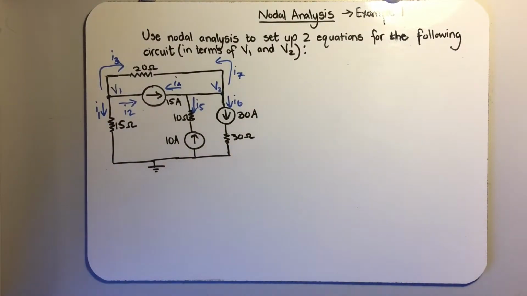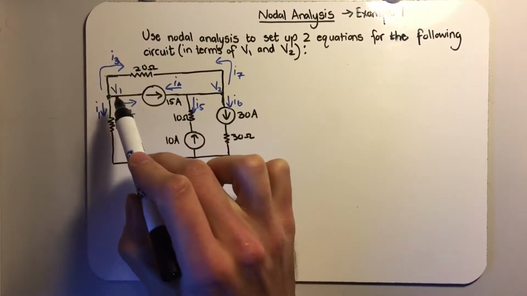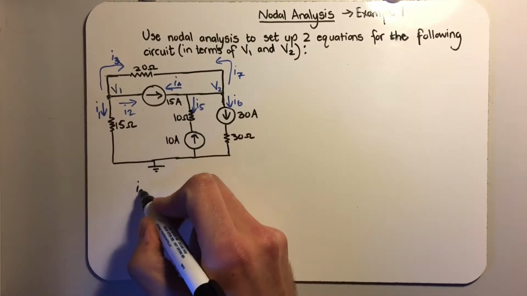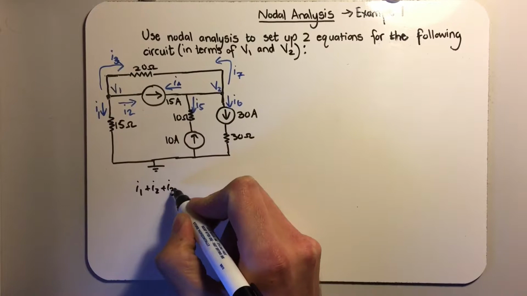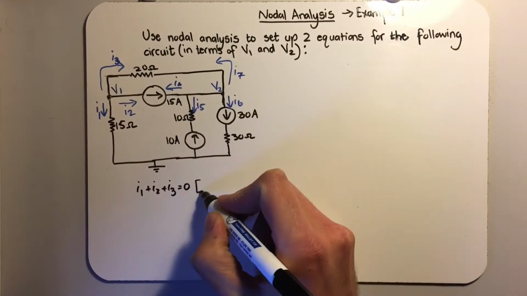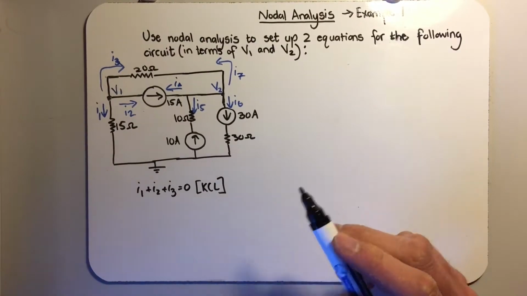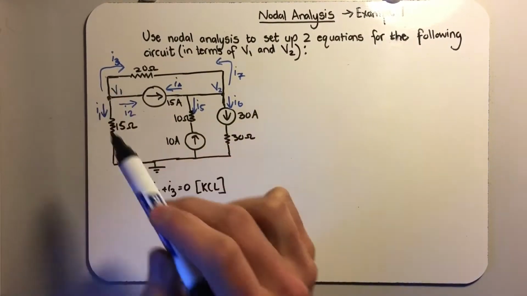Okay, so now we can of course apply KCL. We can add the currents up from this node. So we can say I1 plus I2 plus I3 is equal to 0 from KCL. I1 is the current down here, and we know the voltage there is V1.